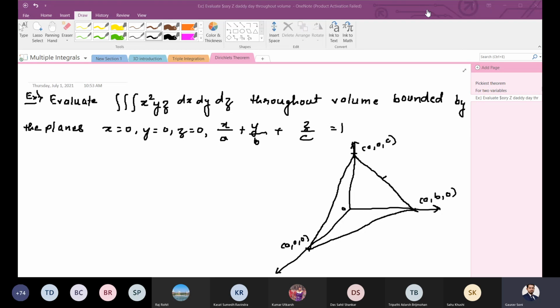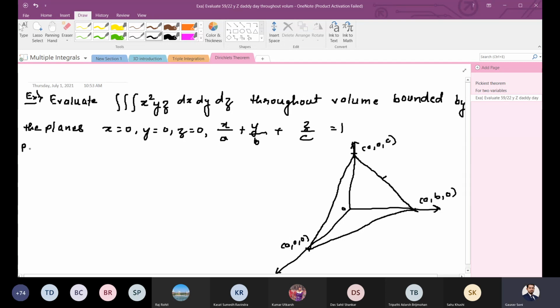So we know that in Dirichlet's theorem, if I take any point in this volume and add the coordinates, that has to be less than 1. So x plus y plus z in this case will not be less than 1. So I will have to make some changes in such a manner that the new variables will have addition less than 1 and all of them will be greater than 0.